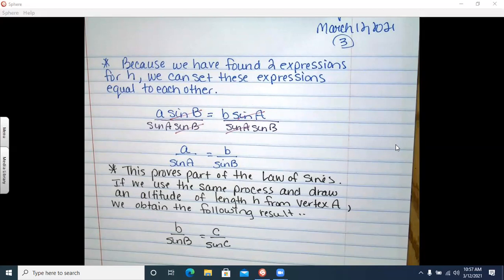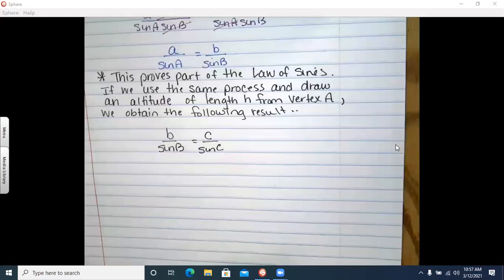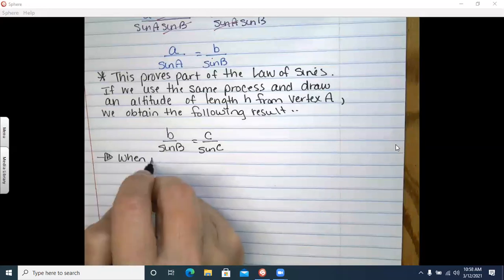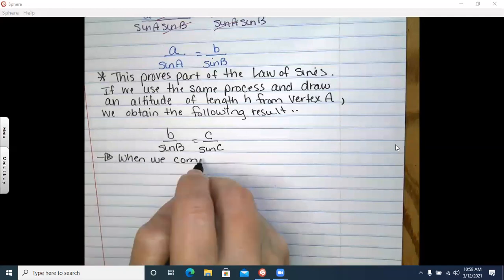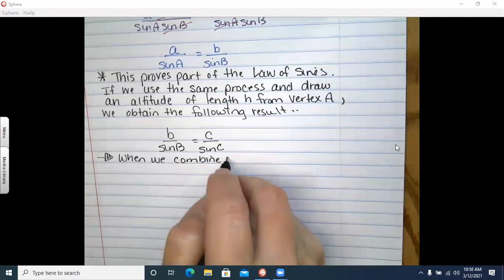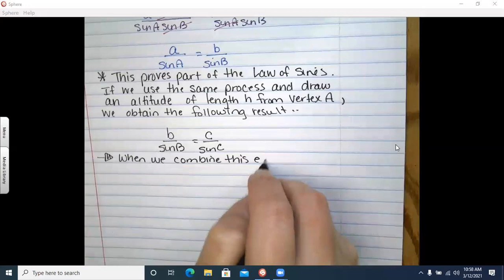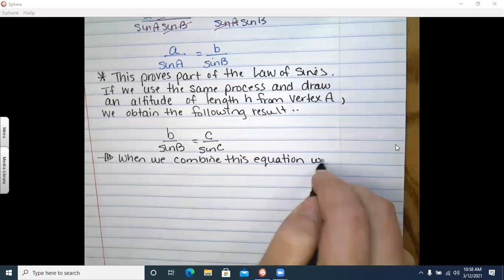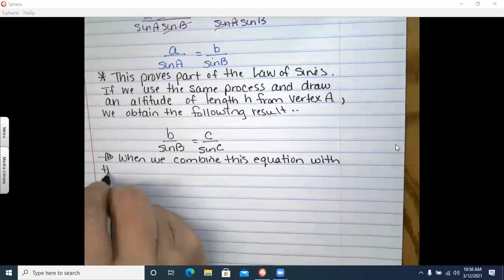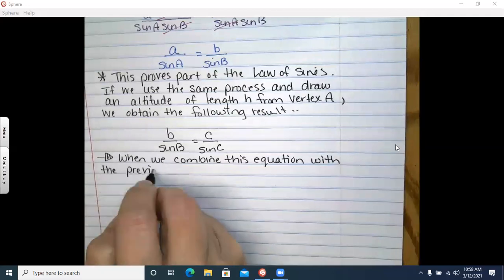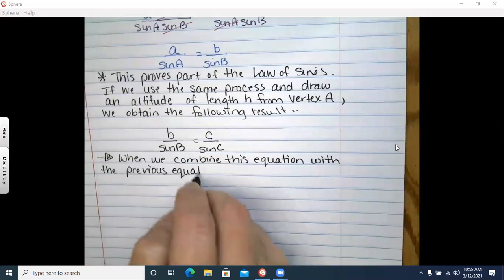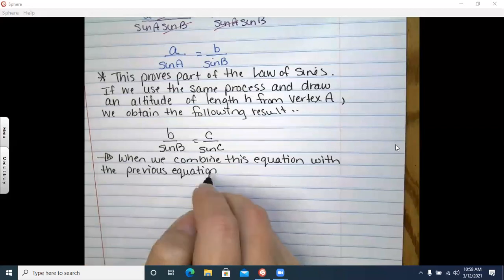So when we combine this equation with the previous equation, we obtain the law of sines.